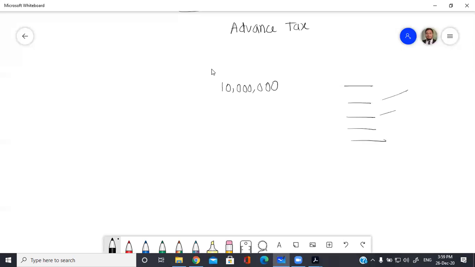Is it like that? Yes, sir. Okay. So you have calculated based on that, and say your tax liability seems to be around 100,000. I'm just giving you an idea. So your advance tax will be equal to 100,000 minus an approximate amount which will be charged from you in the name of TDS.